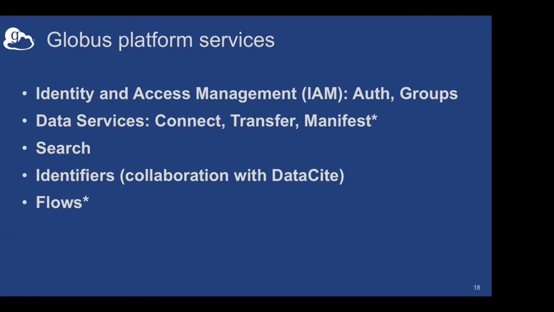And then at the bottom of the list here, I have flows, which is really the core of what I'm going to talk about for most of the time we have left here, which is the next thing that we're putting our efforts into.